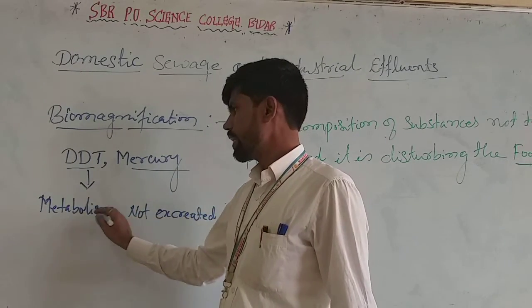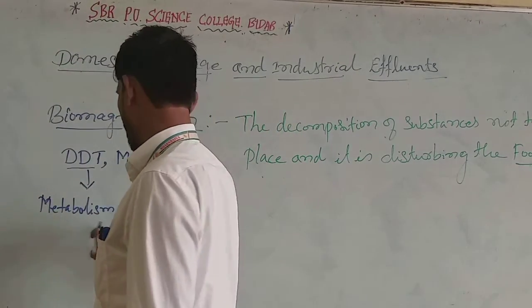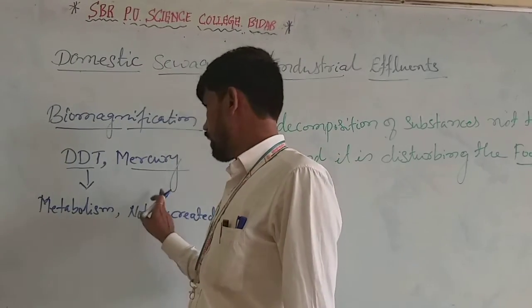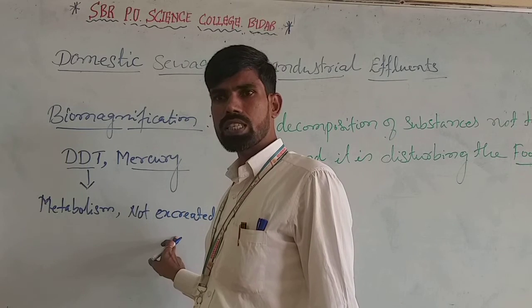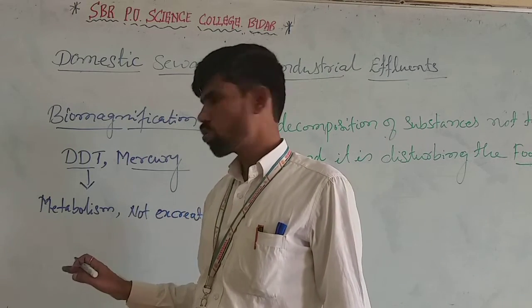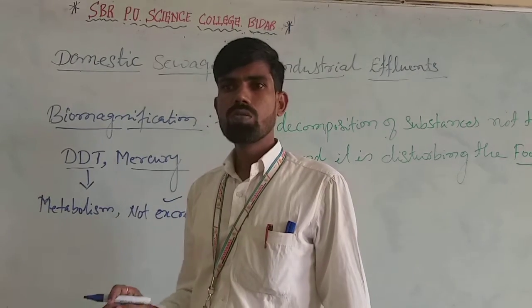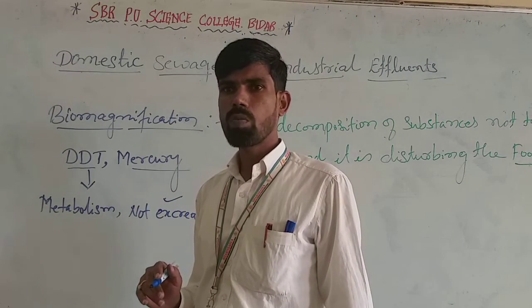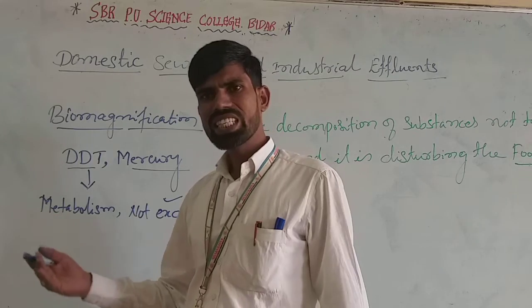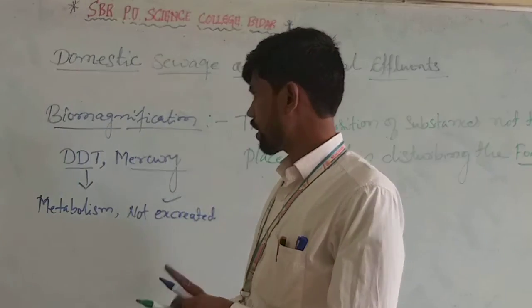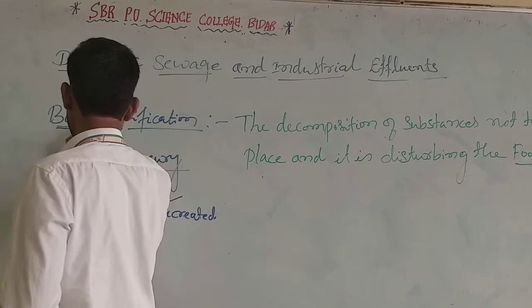So it is disturbing the metabolism and also not excreted. Whatever content enters the body is not excreted, so it is present in the body concentrated. What happens if they are present in the body? It creates other adverse effects in the organism. That is why they call it biomagnification.